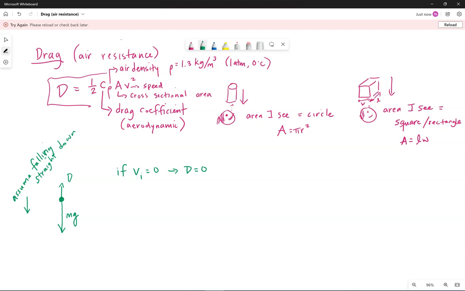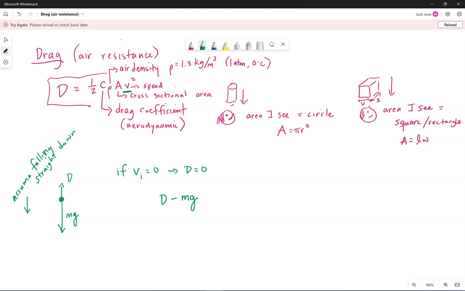And so the force would be the entire weight of this object, and it would start to accelerate at 9.8 meters per second squared downwards. But as soon as the object starts to move, there's a speed. That means there's drag. And so as time goes on, that drag force gets bigger and bigger and bigger.